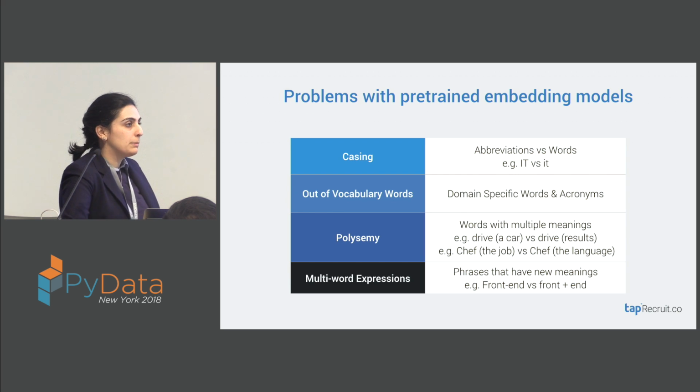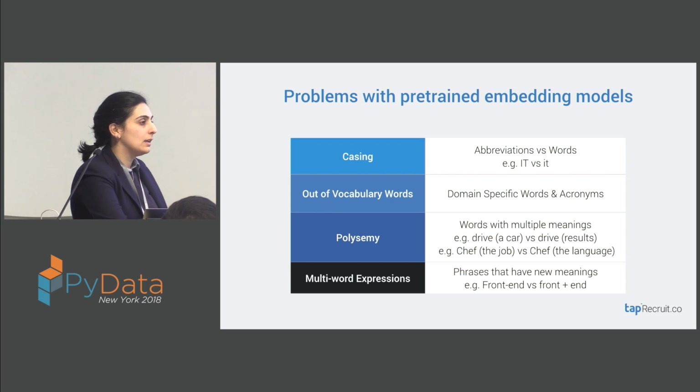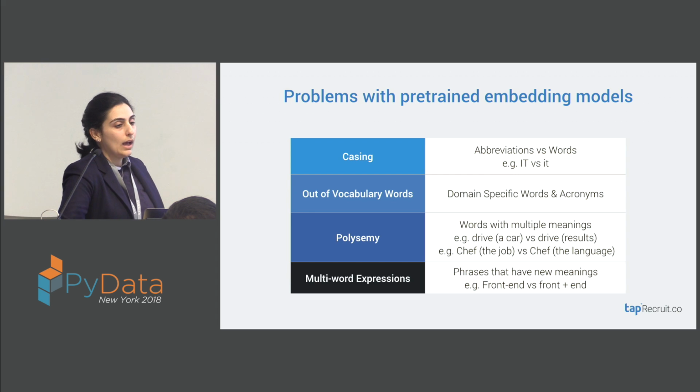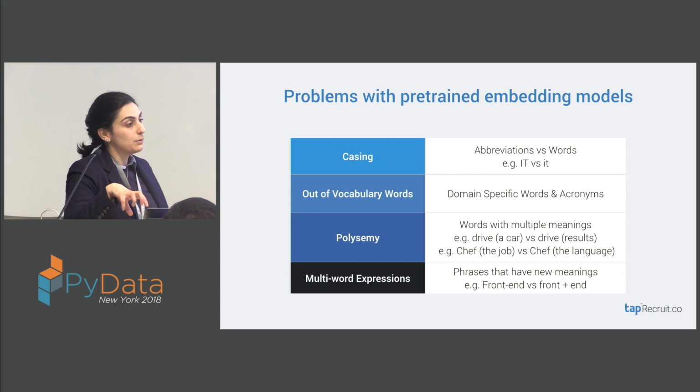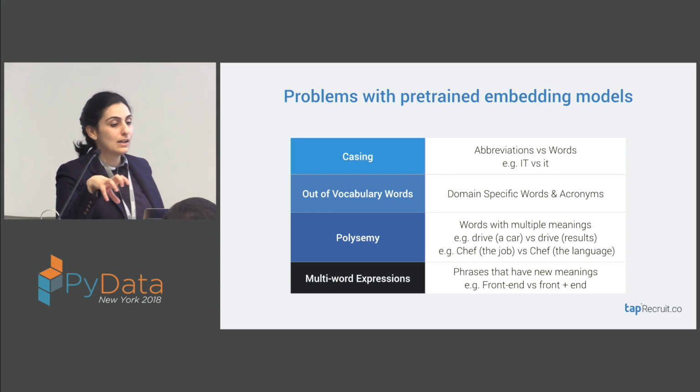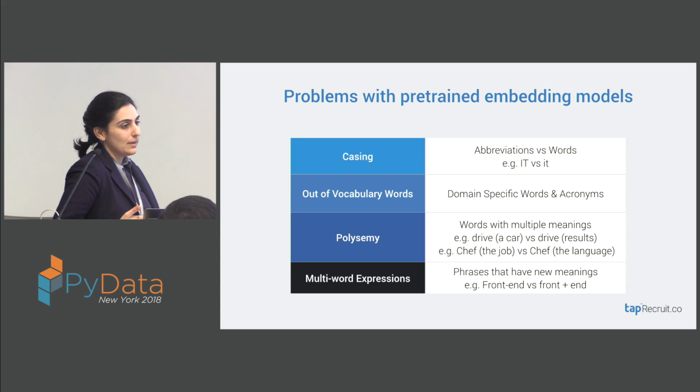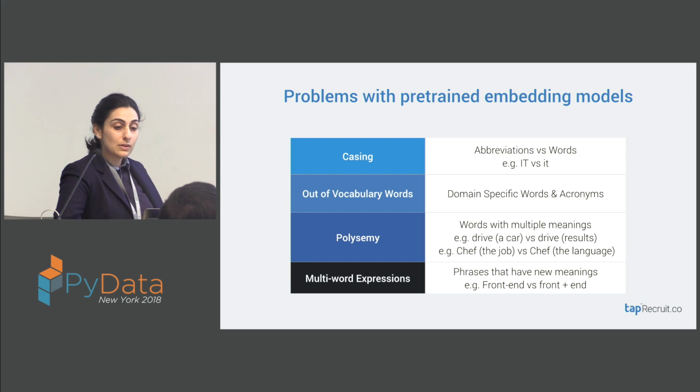So now we get into some of the problems with these pre-trained embeddings. And again, I alluded to this earlier. This depends on your use case. In our case, these were really very important for us to understand. In our particular case, we had a lot of issues with casing. It is very different, "it" versus "IT", and most of the embeddings that come out are uncased, so they're all lowercase.